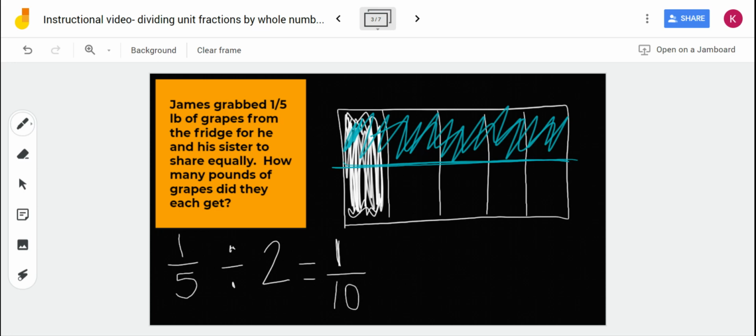So my answer is 1/10, and I should label it back to what it asked me for. 1/10 of a pound is what each person would get. If you notice, this answer of 1/10 is less than 1/5. I know it's less than 1/5 because my white up here shows the amount of 1/5, but my answer is only part of that. That's because when I take a fraction and make it smaller by dividing it into smaller pieces, I get an answer that is smaller than what I started with.